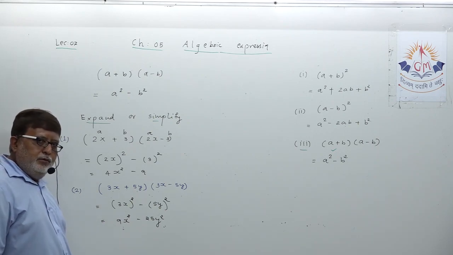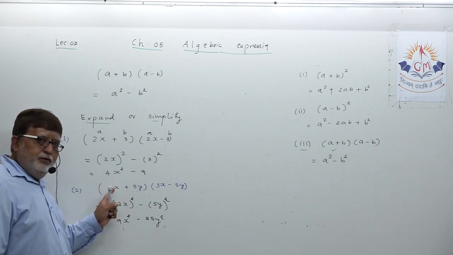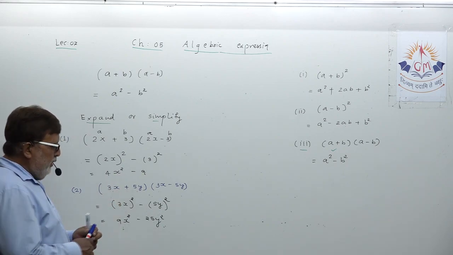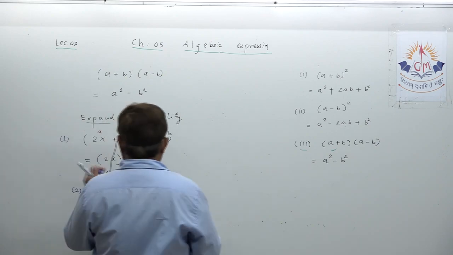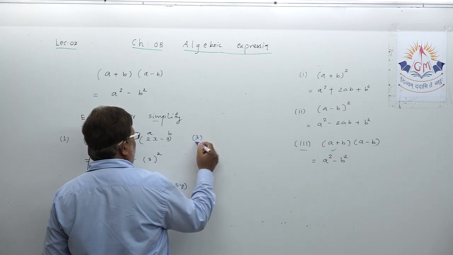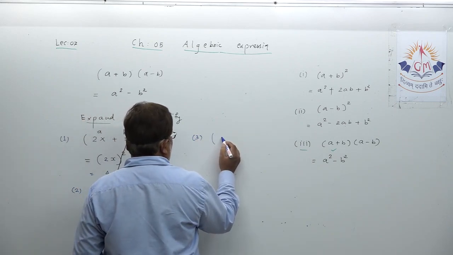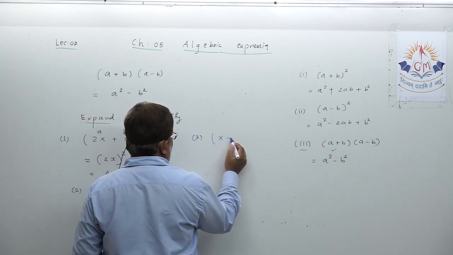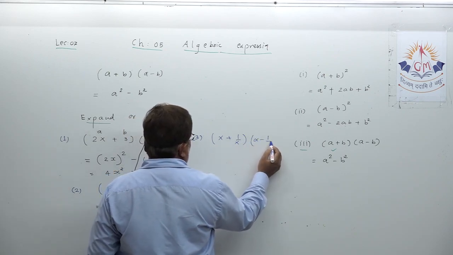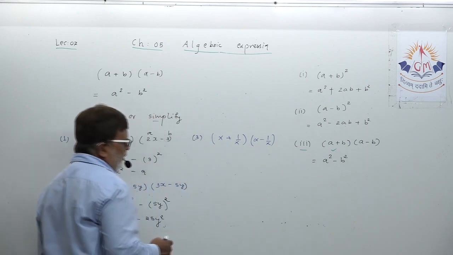You just need to guess, by watching the example, which identity can be applicable here. Okay, one more example. Suppose you are given like this: x plus 1 upon x, x minus 1 upon x.